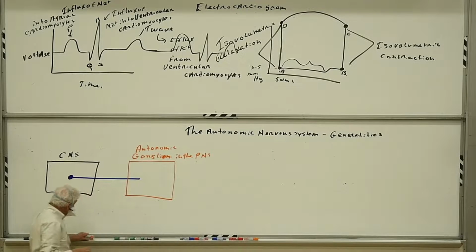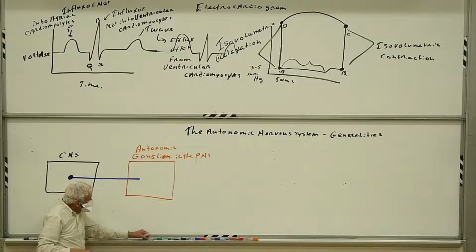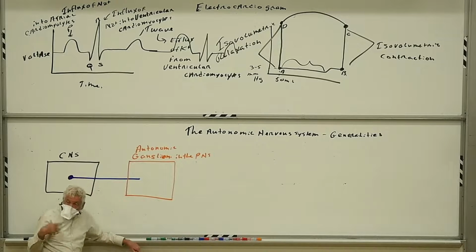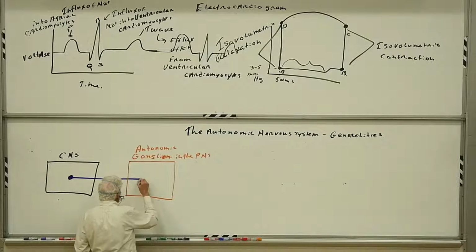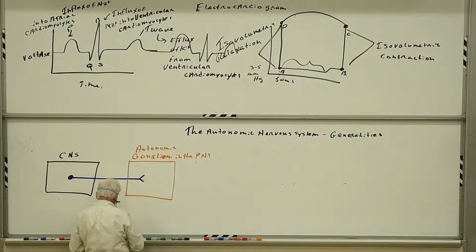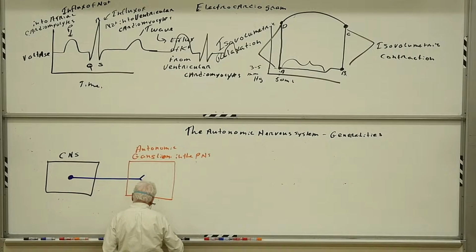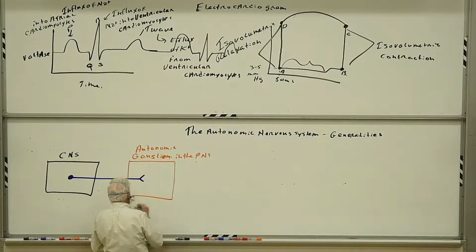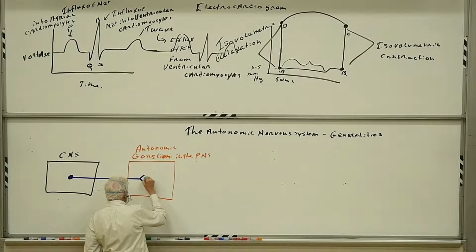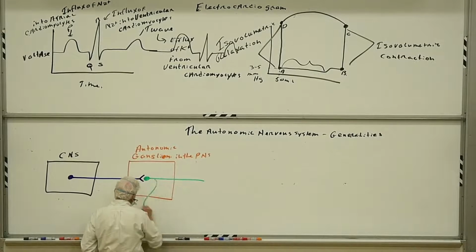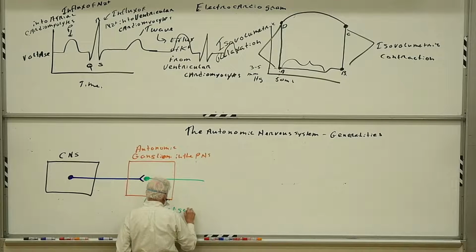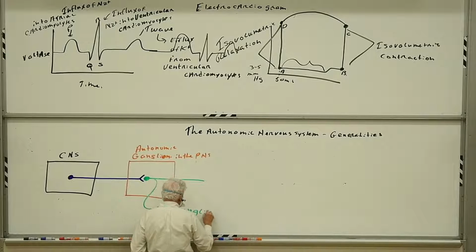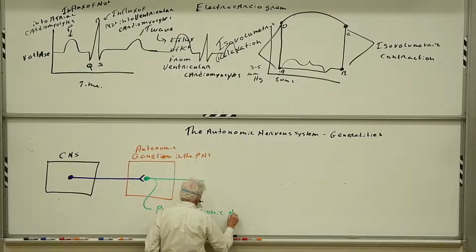So if you'll remember, the definition of a ganglion is a collection of neuronal cell bodies in the periphery. So out in the periphery, we're going to have these cell bodies, and the preganglionic neuron is going to be represented by that Y. The synapse is going to be represented by the Y onto a postganglionic neuron. So this is the postganglionic neuron.